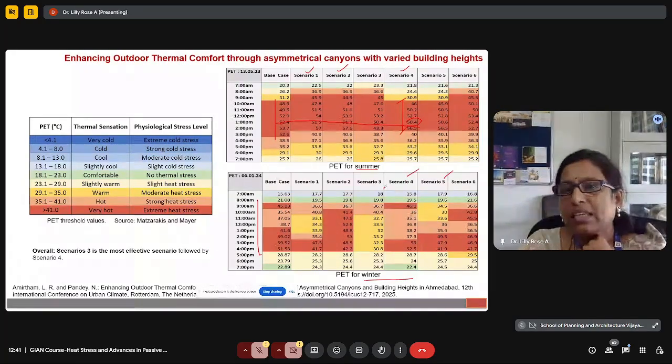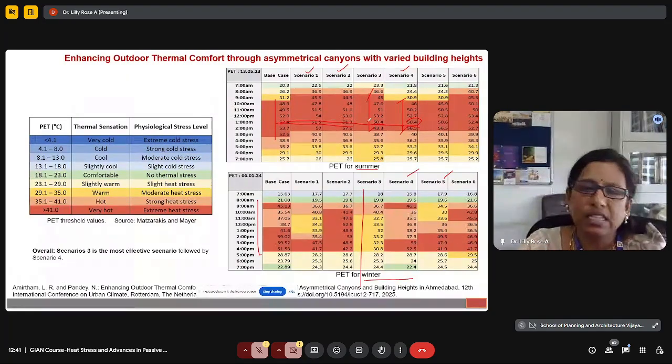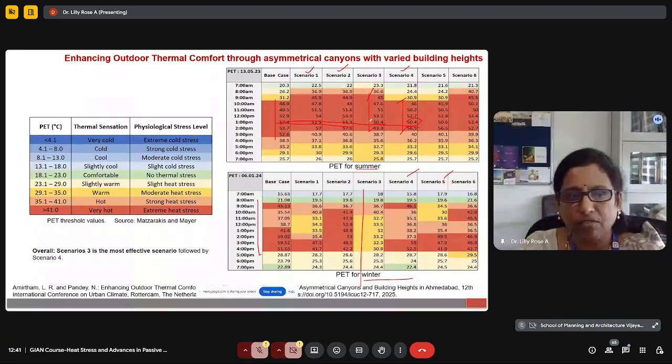But if you see scenario 3, though it had 6 hours of extreme heat stress, in winter it was quite comfortable. So overall, scenario 3 performed better, and here again we had a similar reduction of about 2 degrees Celsius. Though the number of hours is the same, the reduction is significant.